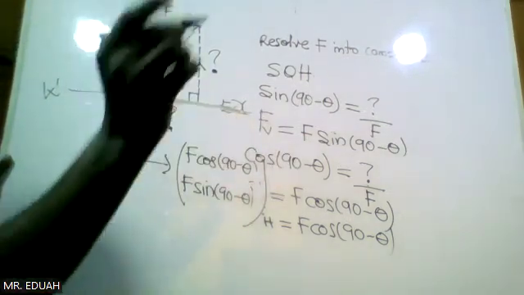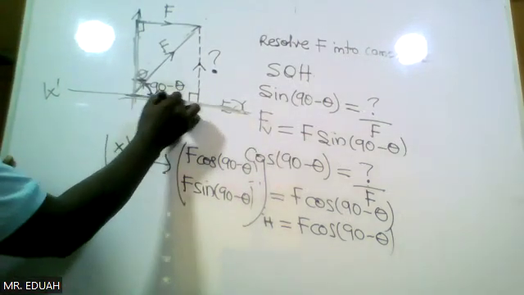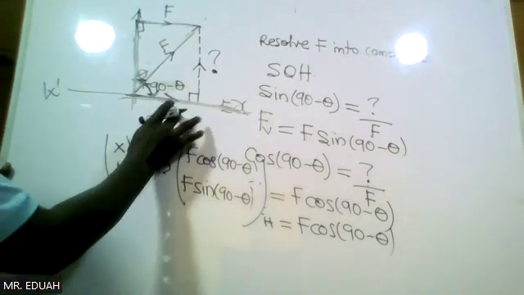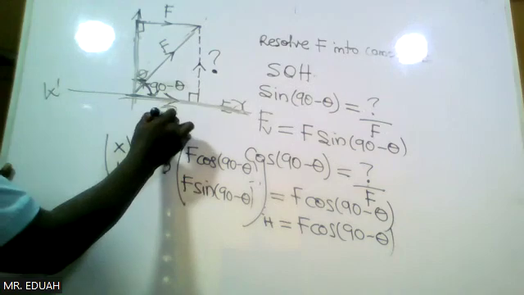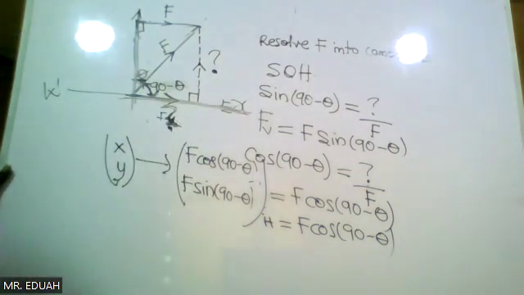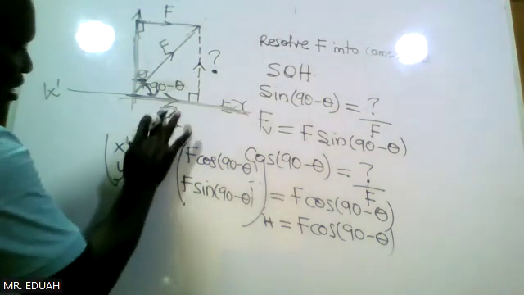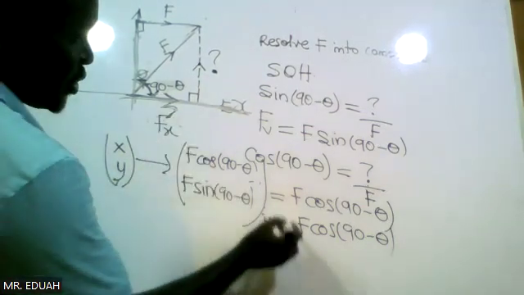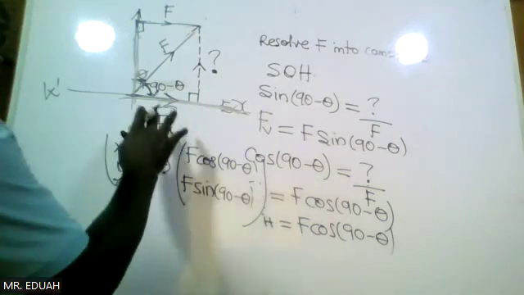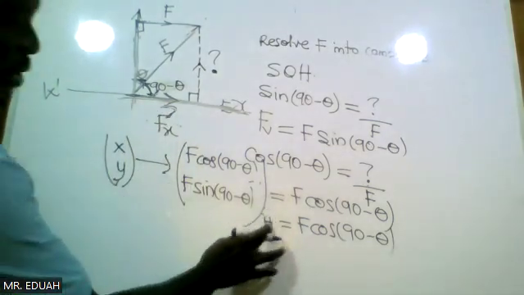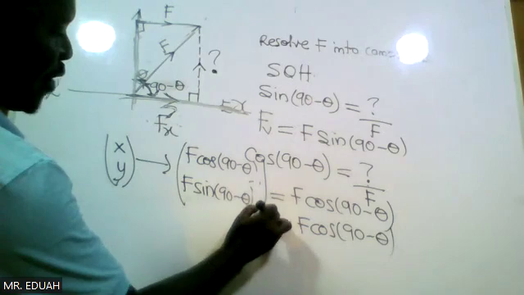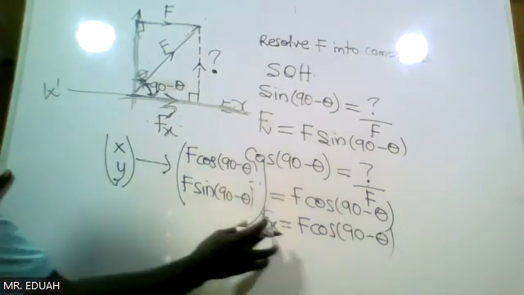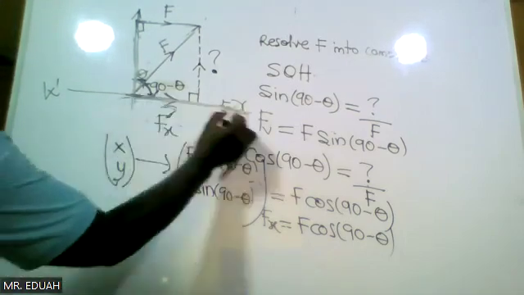Don't forget this side became horizontal, or Fx. This side is Fx. So instead of having this here as Fy, Fh, let's make it Fx, because it is within the x-axis.